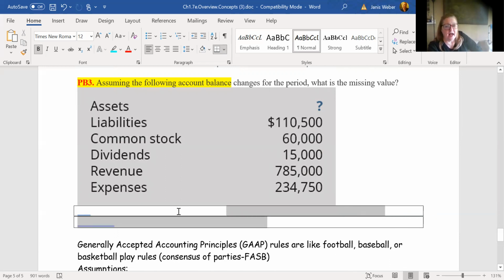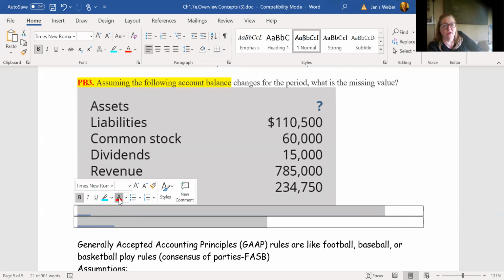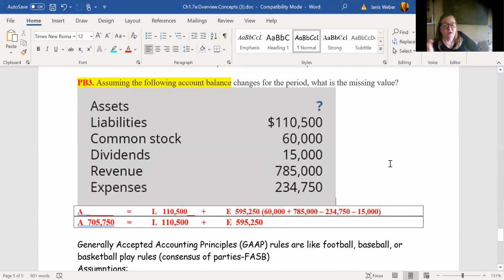This one, I don't know the assets in this one, but I know that it's the total of the liabilities and equity. So I have to calculate. I have the liability amount of 110.5. The equity amount, again, is a combination of the common stock plus the revenue minus the expenses minus the dividends, because revenue and common stock both increase equity and expenses and dividends decrease equity.